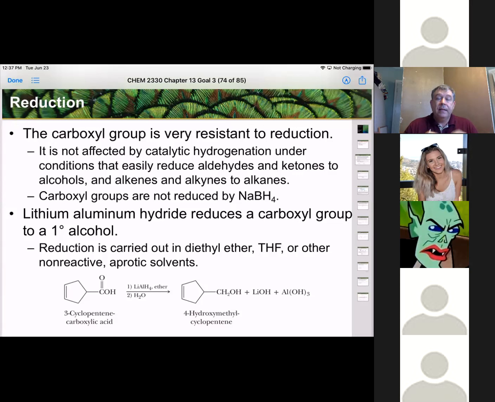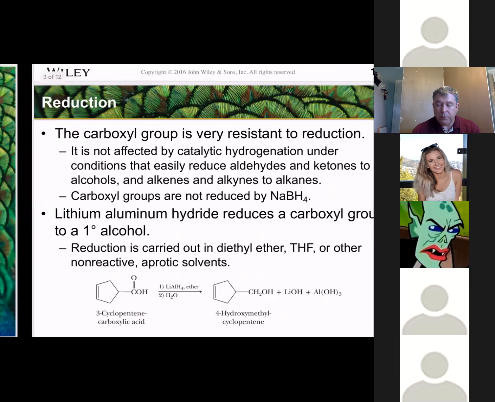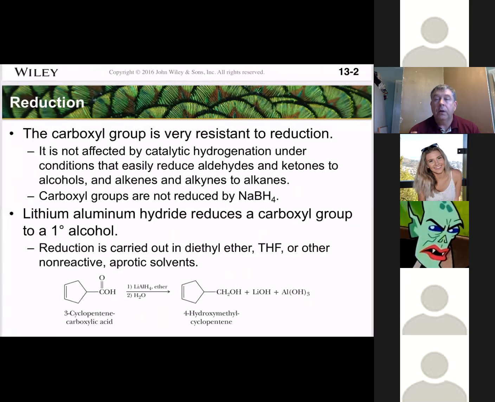In this case, we reduce our carboxylic acid using a reducing reagent. If we used sodium borohydride, which is what we used to reduce an aldehyde, it doesn't work with a carboxylic acid. That OH on the carboxylic acid doesn't let it do it.